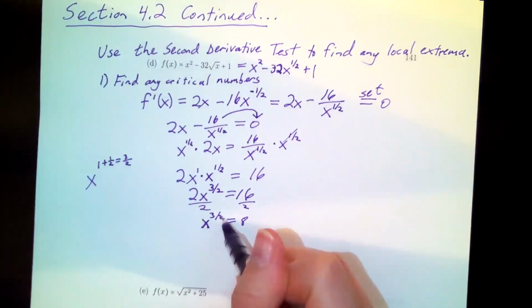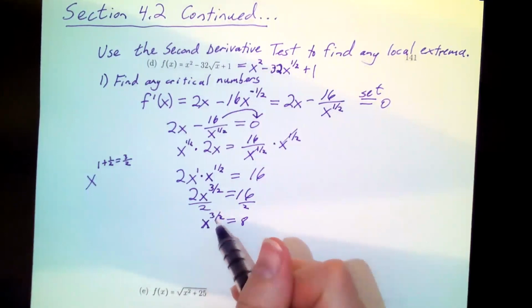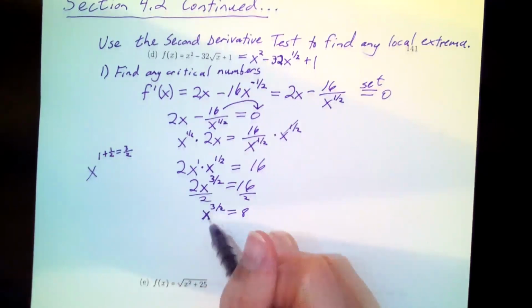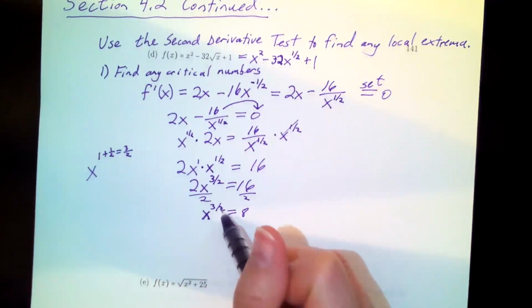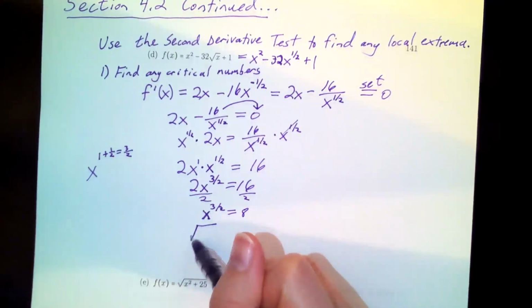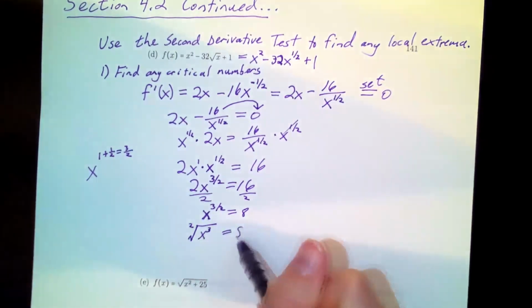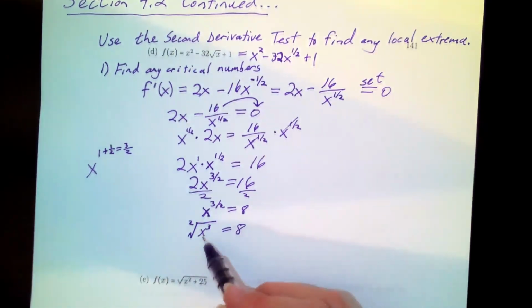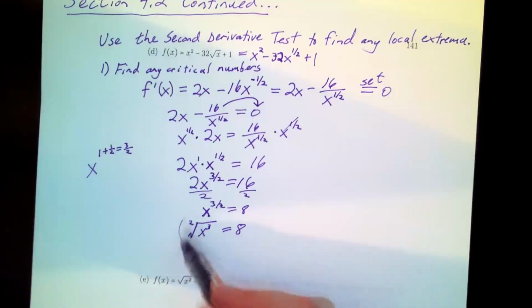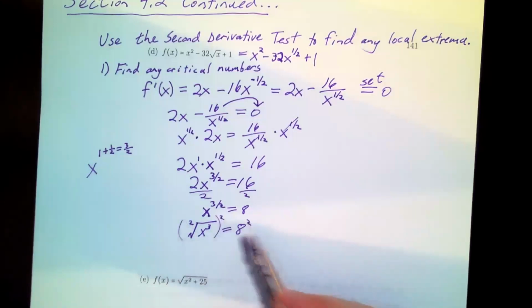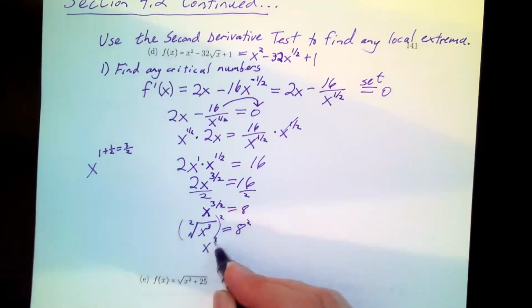Here, it might be beneficial visually to now transform this power into its root equivalent, just so I'm a little more comfortable with how this is going to work. This will be the square root of x cubed, if I transform that back into a root. So if I'm going to get x by itself, the next thing I'm going to do is square both sides so that it gets rid of the square root. I'm then left with x cubed equals 64.